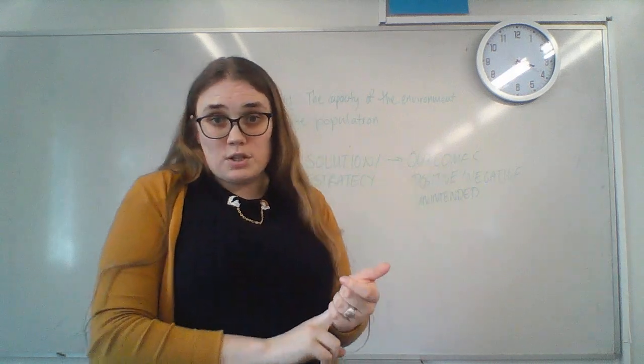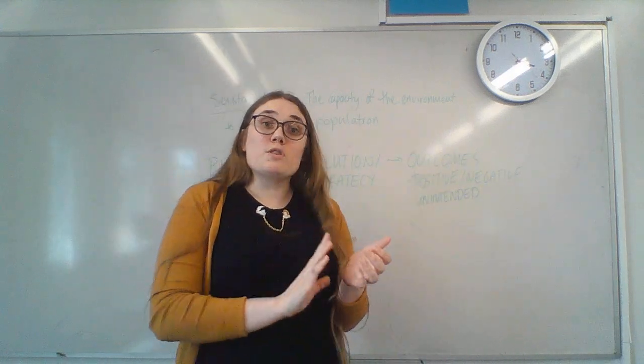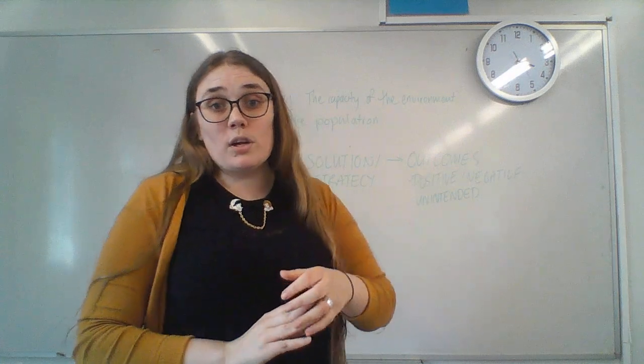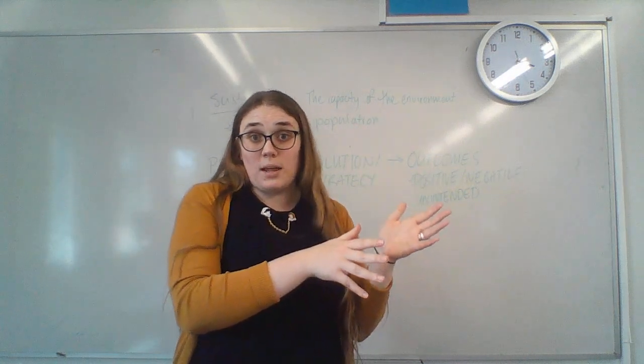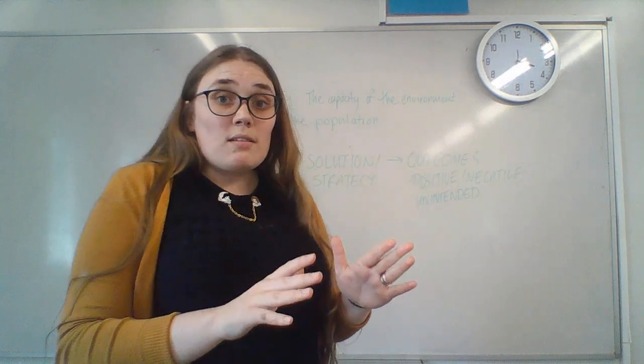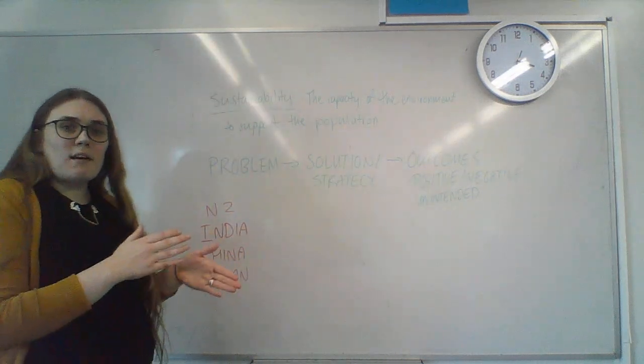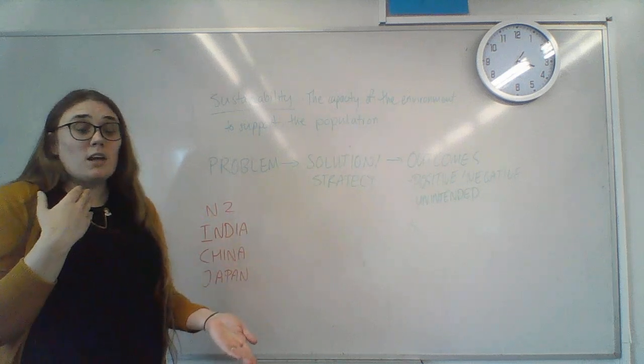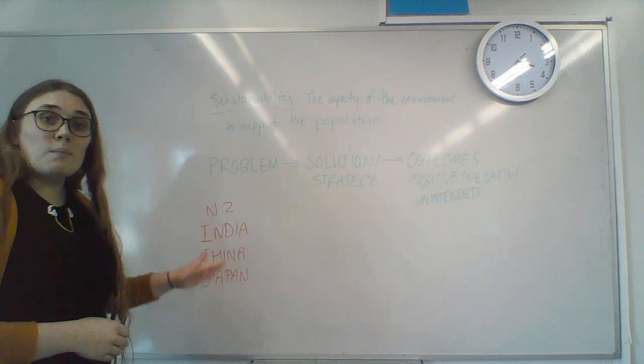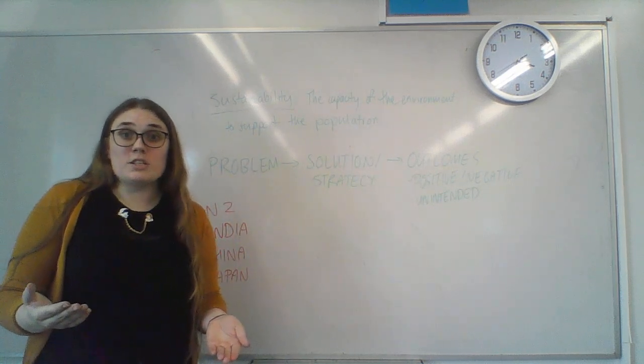It could be a shortage of food, a shortage of space, a shortage of people to care for the elderly, a shortage of a particular gender in certain places. So that's the problem. We've got a couple of examples here of places suffering from a certain population sustainability issue. New Zealand, the problem is an ageing population.